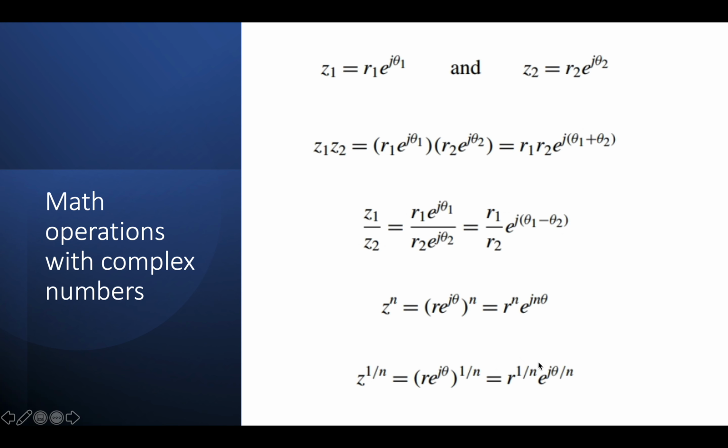You would take the nth root of the actual magnitude, but for the phase, for the e to the j theta, you would take j theta over n. So all of those are just generic illustrations of how multiplication, division, and raising to a power are accomplished with complex numbers in polar form.